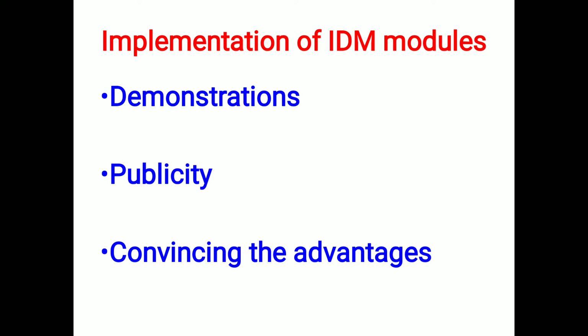Then the last one, that is convincing of the advantages. In demonstration we discussed method demonstration and result demonstration. So the advantages of that IPM module we have to show through the result demonstration, by explaining the different benefits of that IPM module and how we can increase the yield of a particular crop with the help of IPM module.